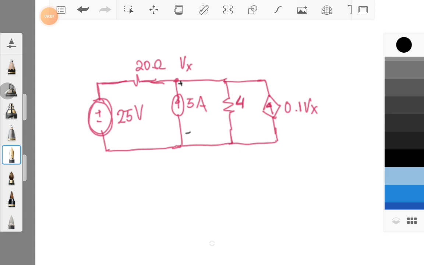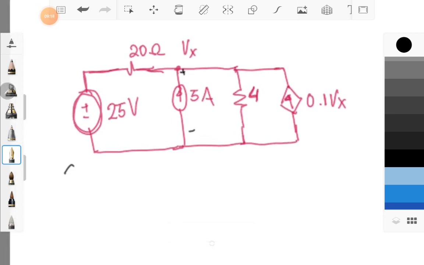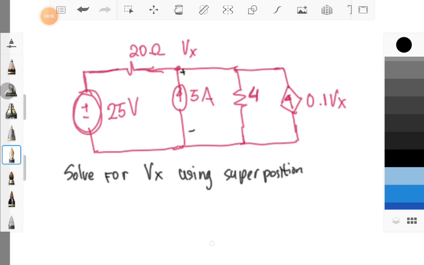Okay, first step, since this is a superposition, solve for Vx using superposition. Okay, actually you can solve it using your mesh and nodal analysis.